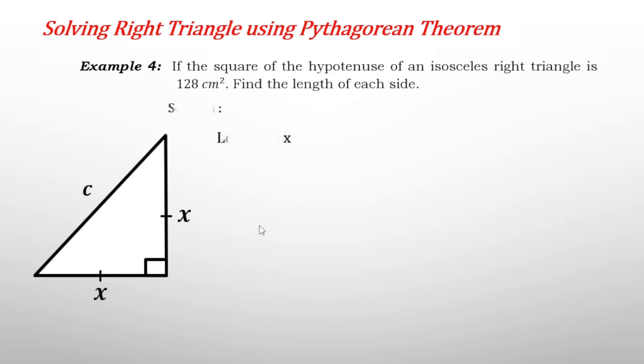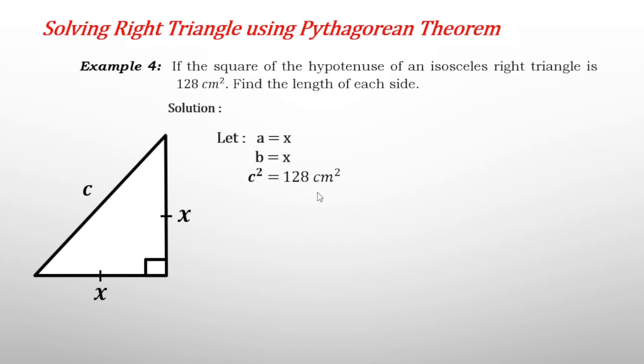So to solve now the problem, let a be equal to x and let b be equal to x also, since they are equal. It has been said in the problem that the square of the hypotenuse of an isosceles right triangle is 128 square centimeters. It means the value of the hypotenuse must be multiplied by itself. The square of the hypotenuse now is 128.